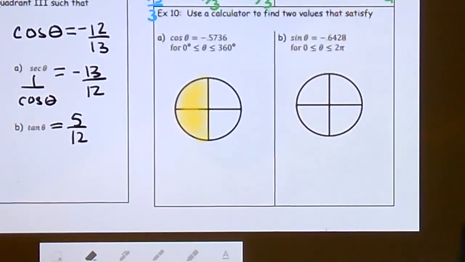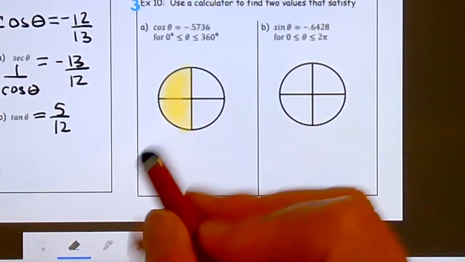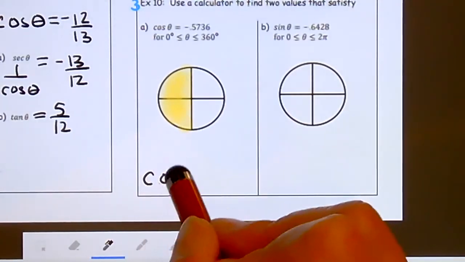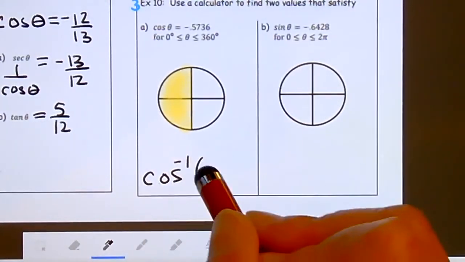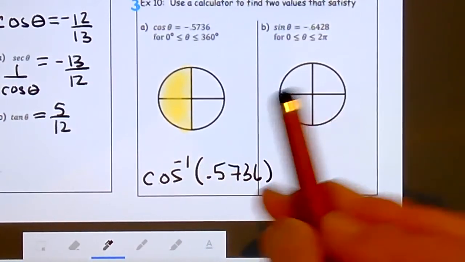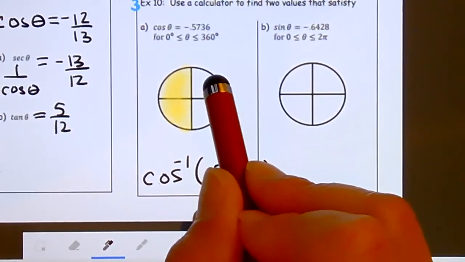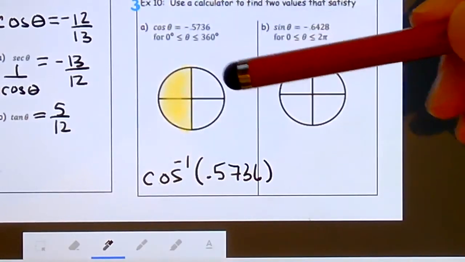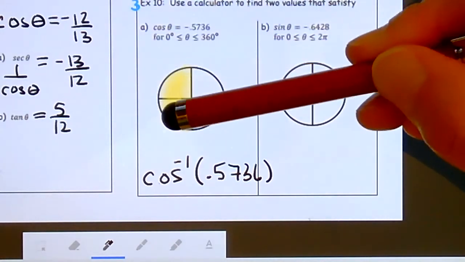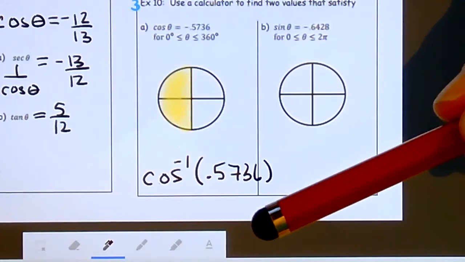So I'm going to do cosine inverse of, and I'm just going to do the positive 0.5736, because that would tell me where it is here, and then wherever it is in this quadrant, that's how far above and how far below 180 I need to go.